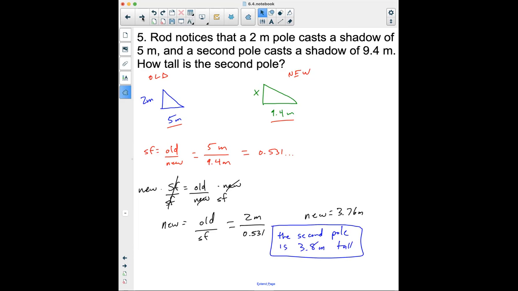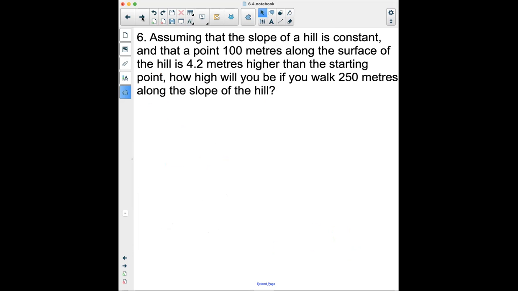Okay, let's continue. Assuming that the slope of a hill is constant and a point 100 meters along the surface of the hill is 4.2 meters higher than the starting point, how high will you be if you walk 250 meters along the slope of the hill?